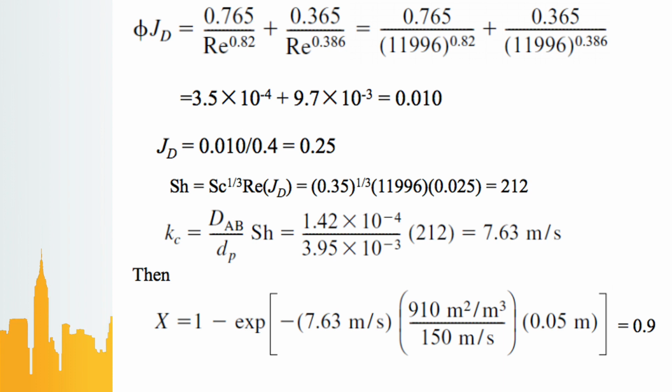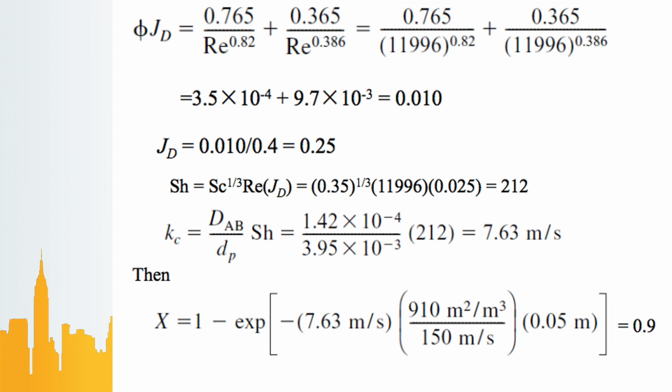Then you insert this JD value into equation 11-68 to get the Sherwood number, which equals 212.